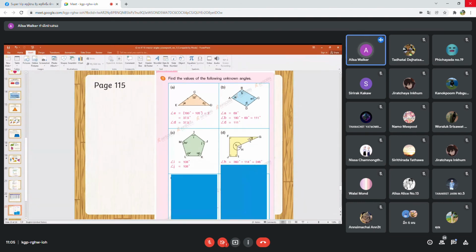The other missing angle is angle G. Angle G, we can do 540 minus 246, so minus this angle here.